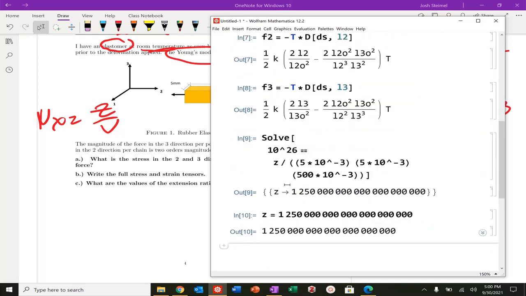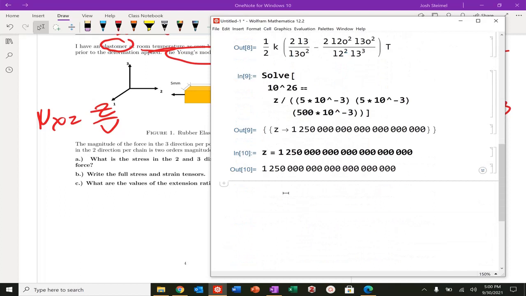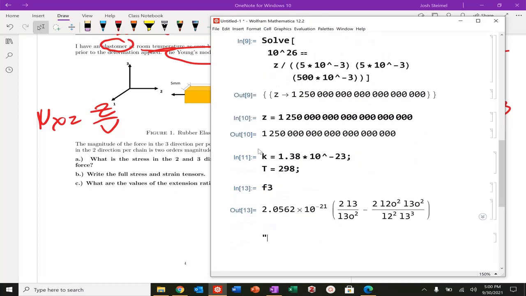So let's first solve for F2 and F3. My Boltzmann's constant is equal to 1.38 times 10 to the minus 23. My temperature is equal to 298 K. I think we're at room temperature here. Yes, we are. So let's look at F3 now.